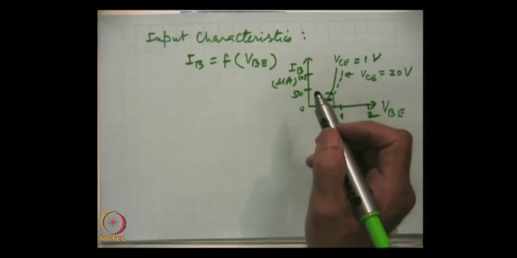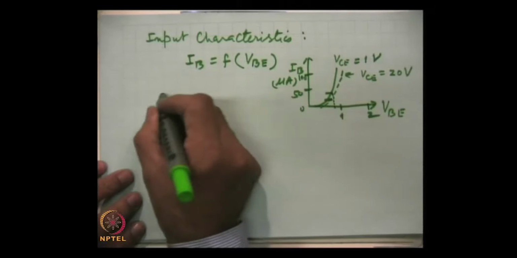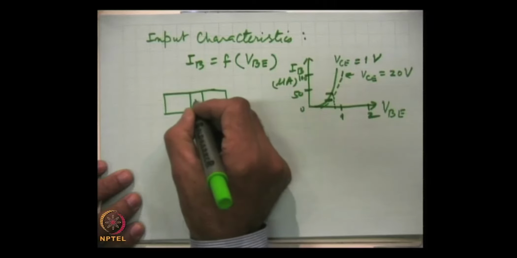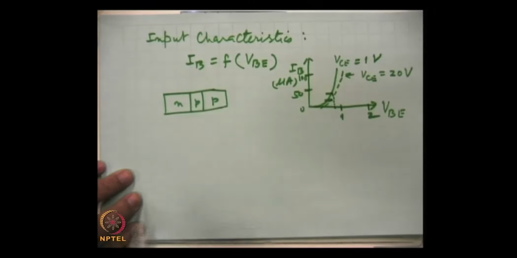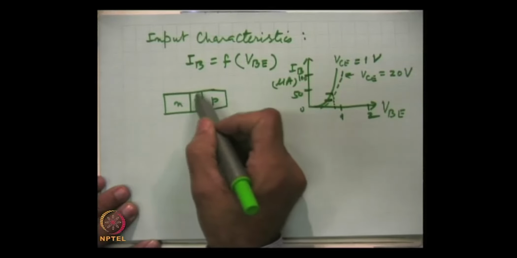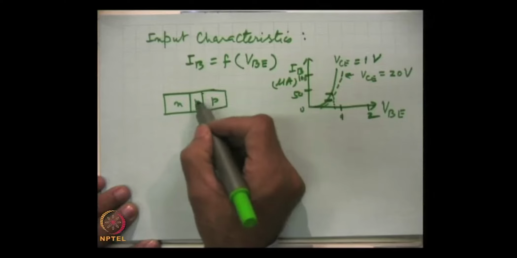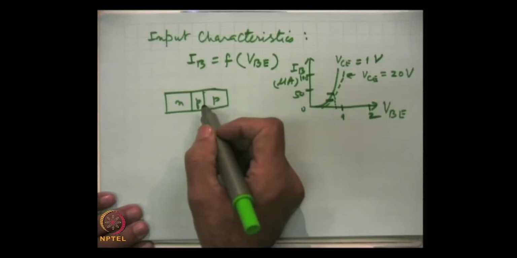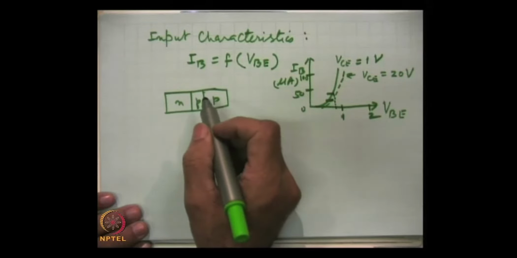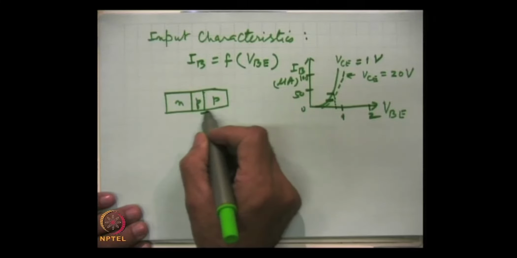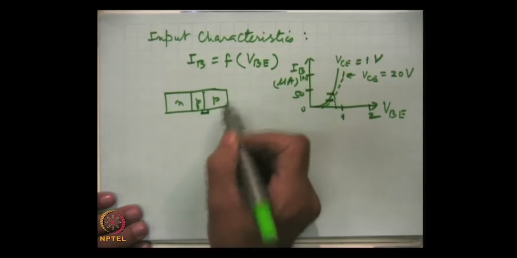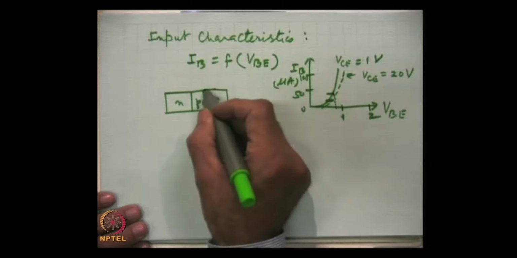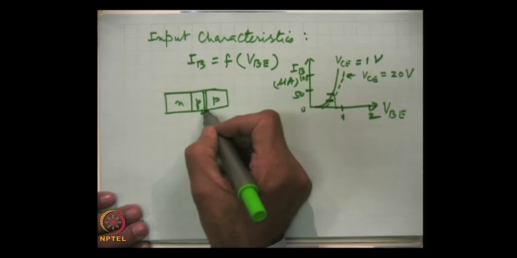Now, this is because of the fact that, you know that the depletion width is a function of applied voltage, this we have talked, and here there is one depletion region and this depletion width will increase because this junction, collector junction, is reverse bias.